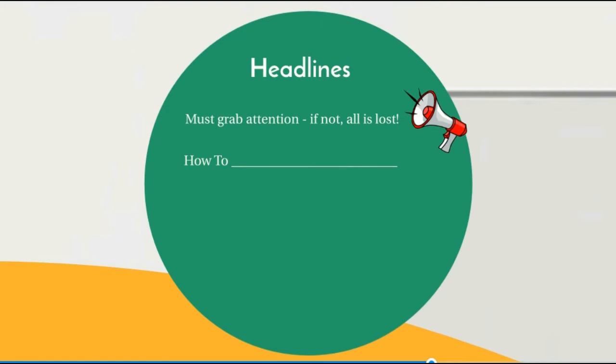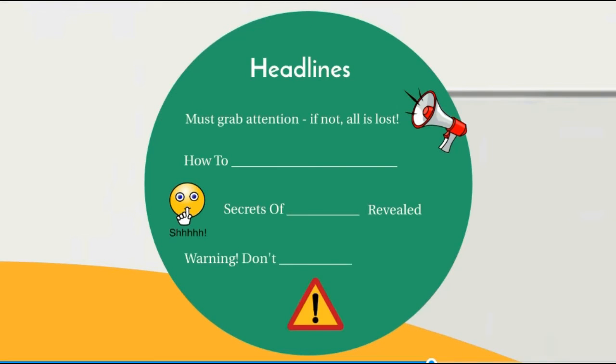Words such as discover, how to, secrets, and words like this because there is the promise of something being revealed. And words like warning are important because people do not want to make a mistake by doing the wrong thing or by doing nothing at all. Whatever you state in your title must be true, and you must be able to prove this in the rest of your text.